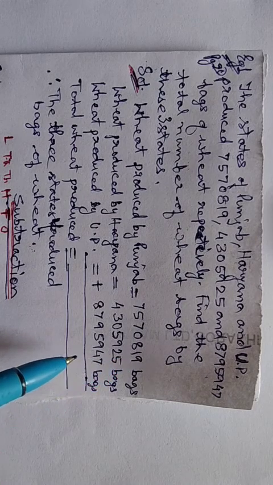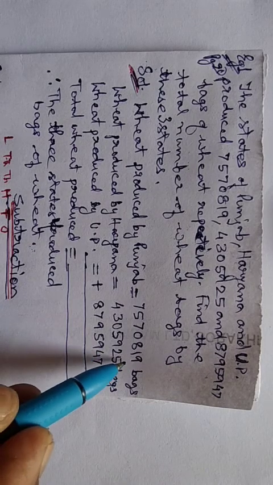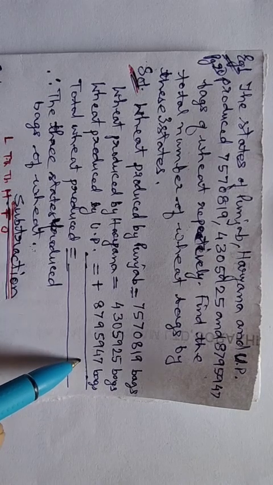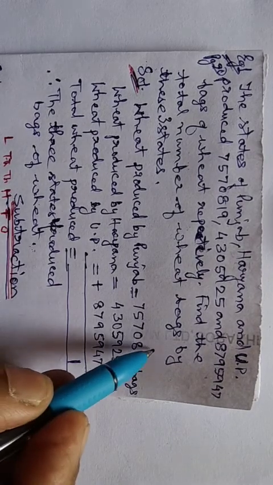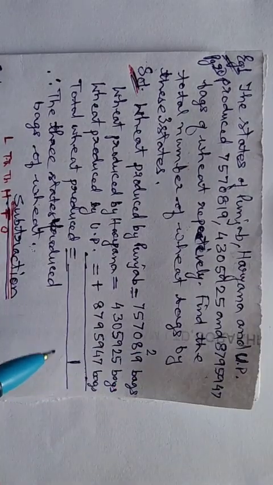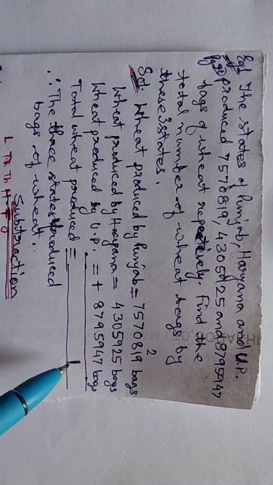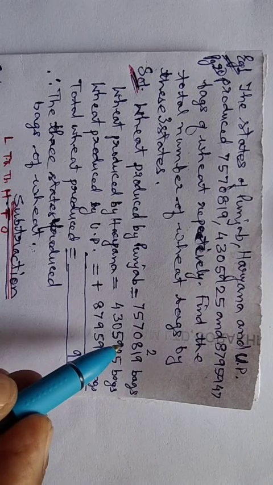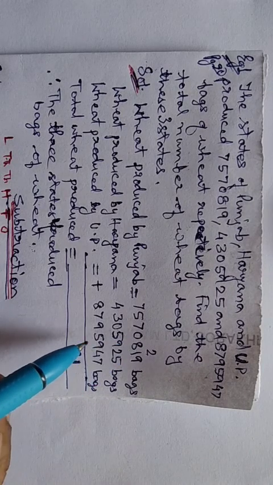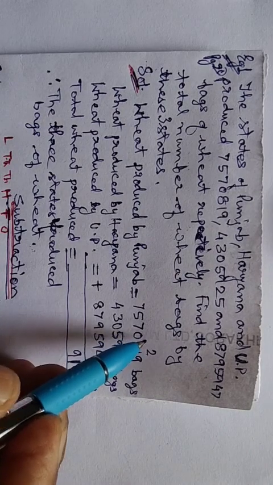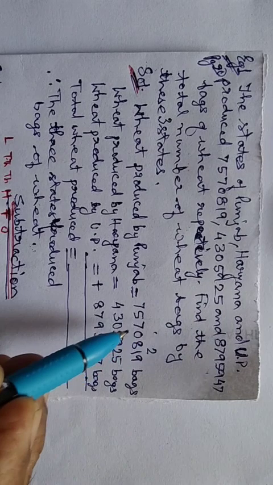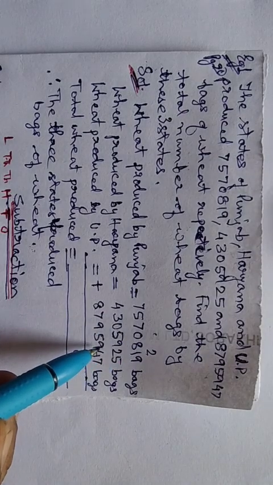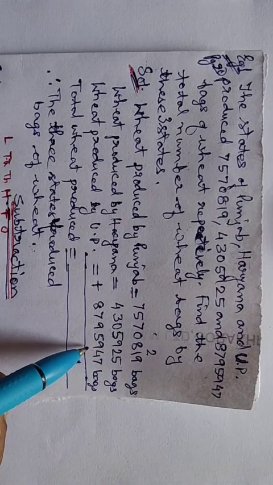After that, simple addition. Add it: 9 plus 5 plus 14, that is 21, so write 1, carry over 2, then add it, after that you will get 9. Then simple addition: 5 plus this one will be 2, carry; 8 plus 9, that is 17, plus 9, that is 26.